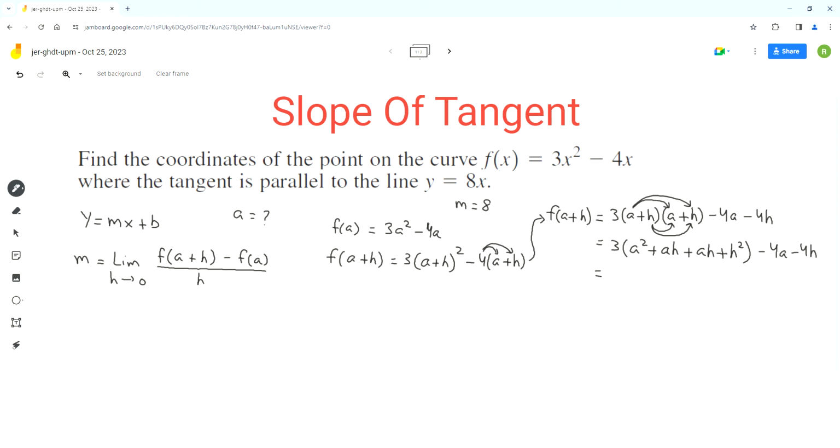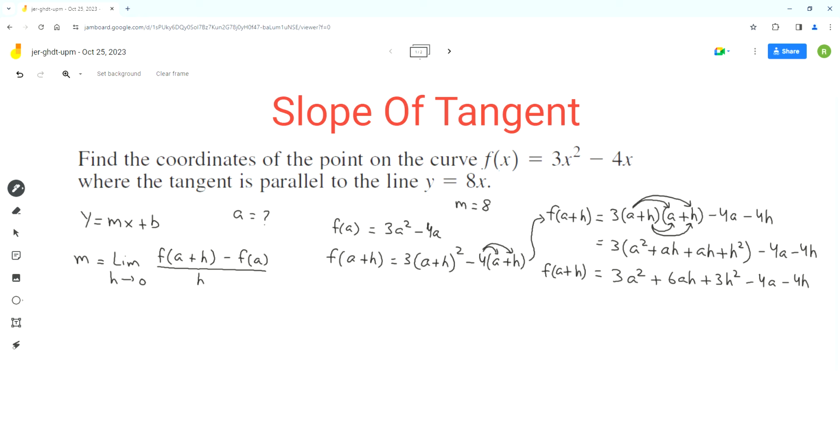So when we distribute the 3, we get 3a squared plus 6ah, because 2ah times 3 is 6ah, plus 3h squared minus 4a minus 4h. So this is the expression for f of a plus h.